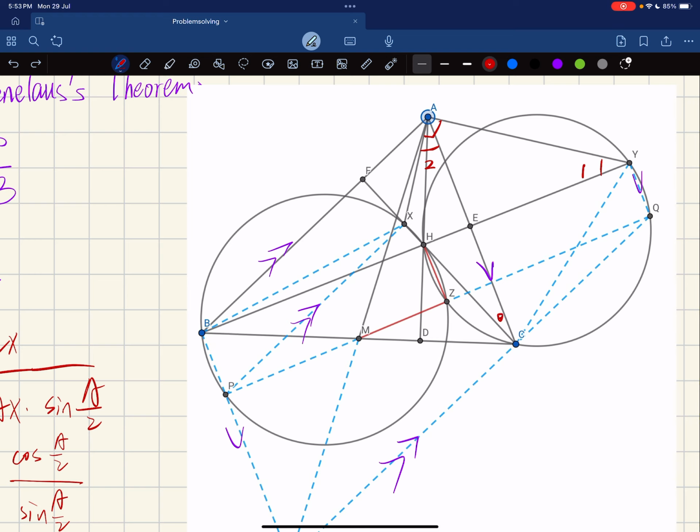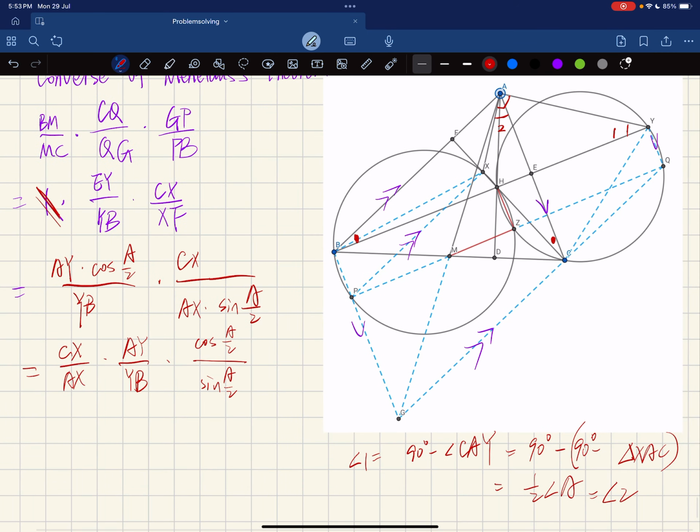We can know that these two angles are equal. So we can easily know that triangle BAY is similar to triangle CXA. So we can get what we want, that is CX over AX.